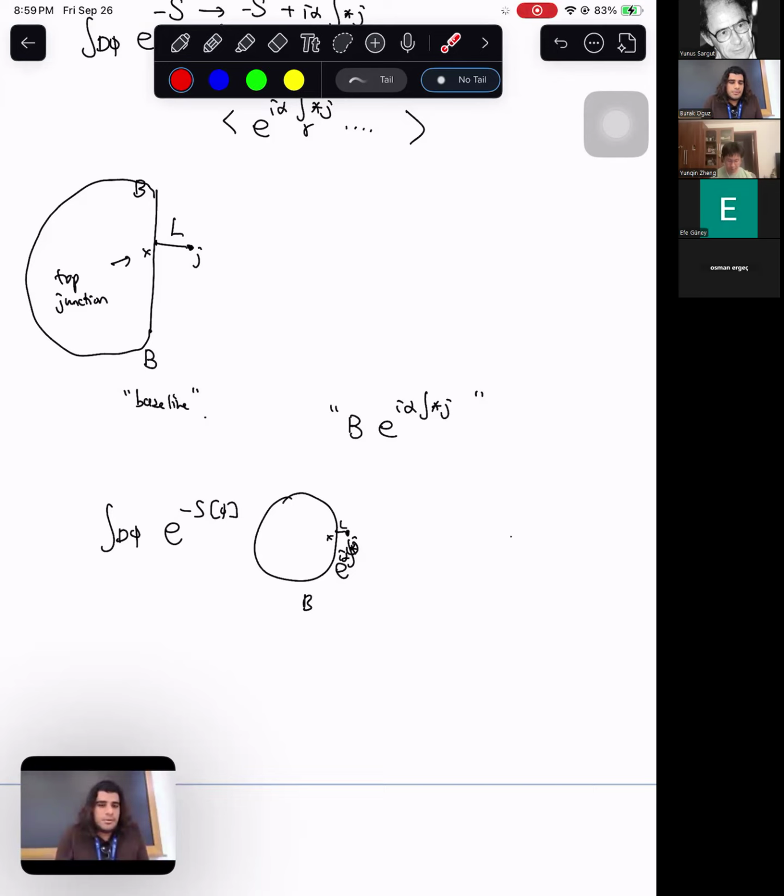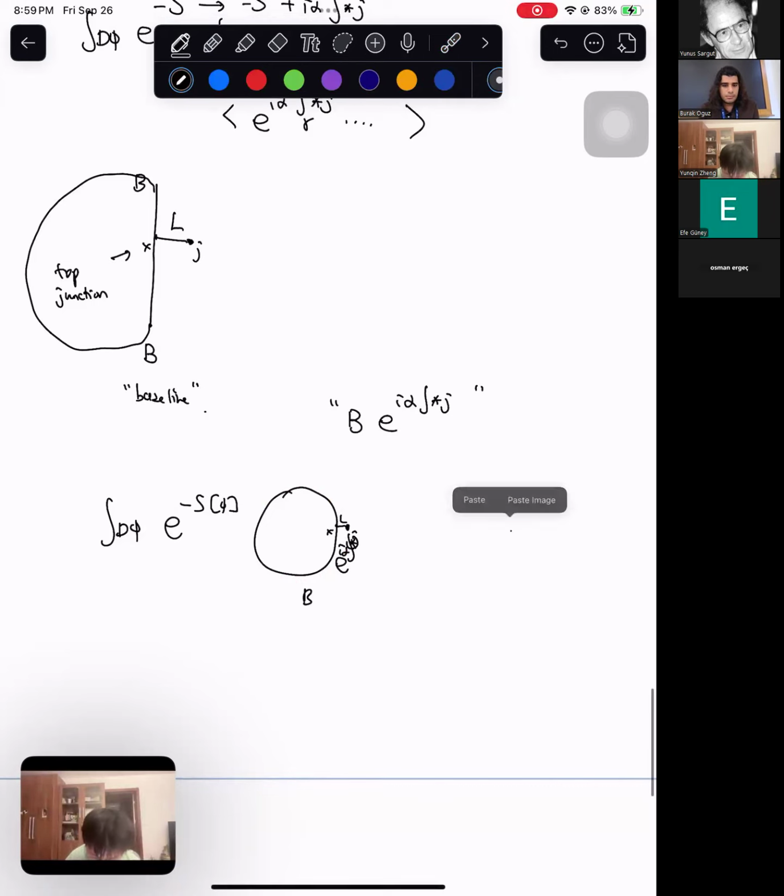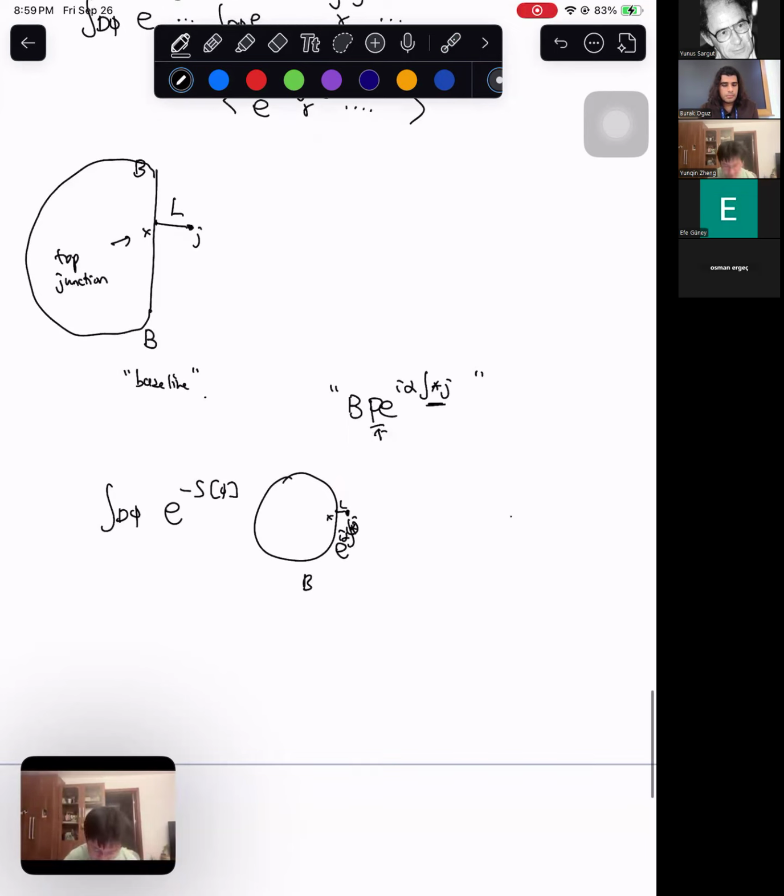Indeed, you really have to do the path ordering of this J, and the details are in our paper. It's really hard to explain here, but maybe you can look at the papers.